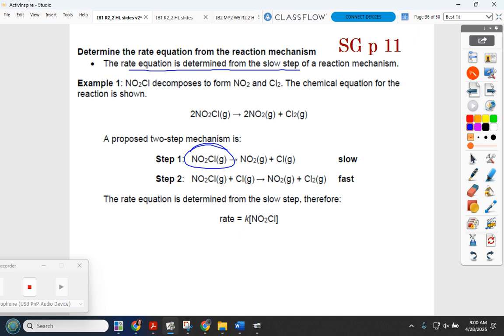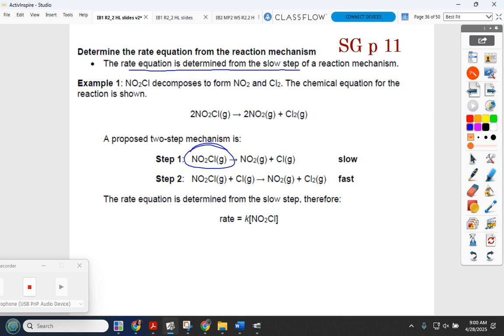We talked about how if we have a multi-step non-elementary reaction mechanism, the rate equation is going to be determined by the slow step. So if you look on page 11 at the 2-step mechanism proposed for this reaction, we can see that the first step is the slow step, and so the only thing determining the rate is the reactants of the first step. There's only one reactant of the first step, so that is the only thing that plays a role in our equation.